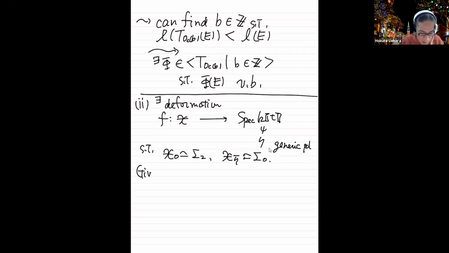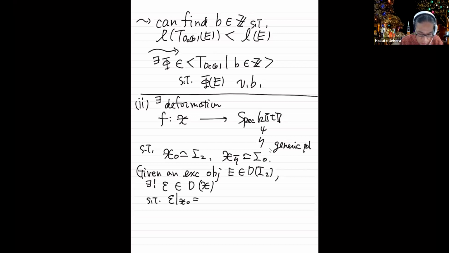And given an exceptional object E in sigma 2, basically by the vanishing of higher Ext1 and Ext2 of E, we can find some exceptional object script E on X such that E restricted to X0 is isomorphic to the original one, and script E restricted to X eta is an exceptional object in sigma 0.